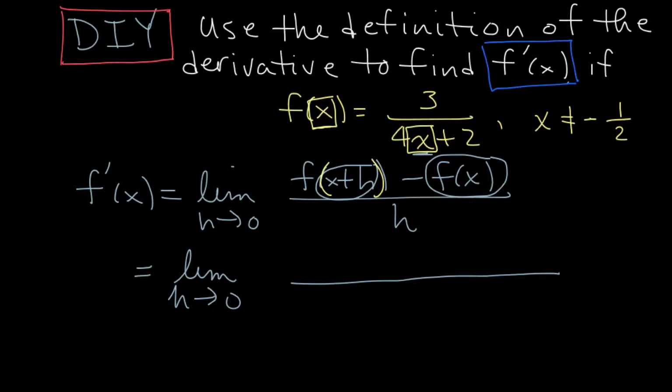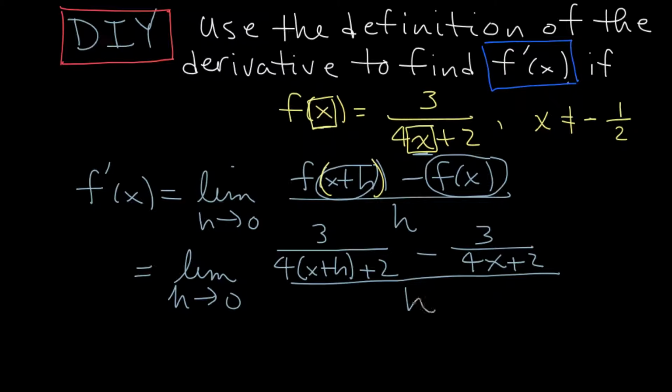So it looks like we're going to get 3 divided by 4 times the entire quantity x plus h plus 2 minus, and f of x is simply 3 divided by 4x plus 2, and that's all over h.